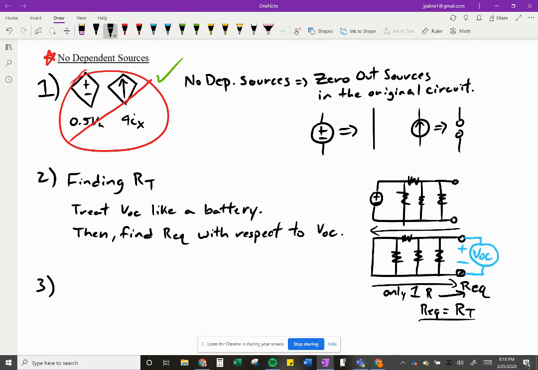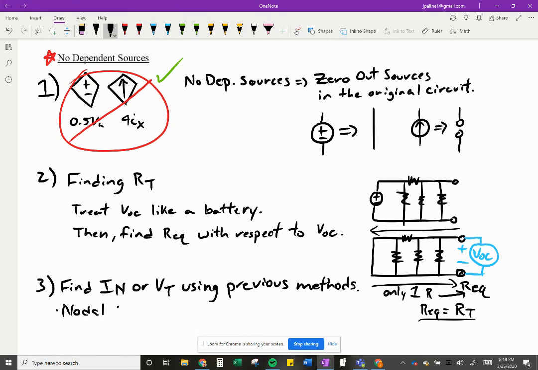Then step three will be to find I Norton or V Thevenin using previous methods. And by previous methods, we mean nodal analysis.